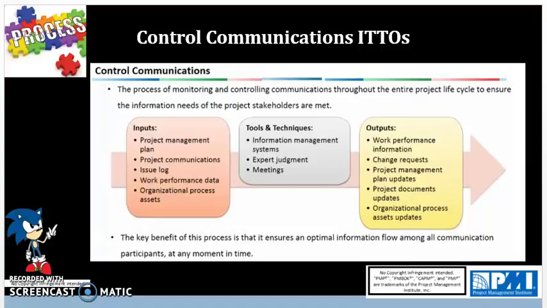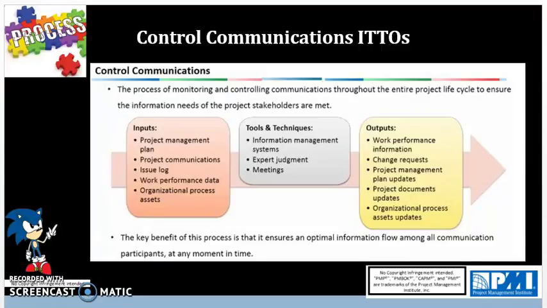Then we have adjustments to the project management plan and documents, recommendations of corrective actions that may bring the expected future performance of the project back in line with the project management plan, and recommendations of preventative actions that may reduce the probability of incurring future negative project performance. All of these components make up the work performance information that will be coming out as an output.